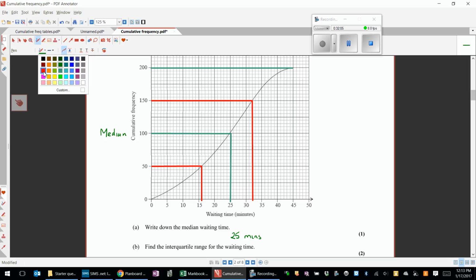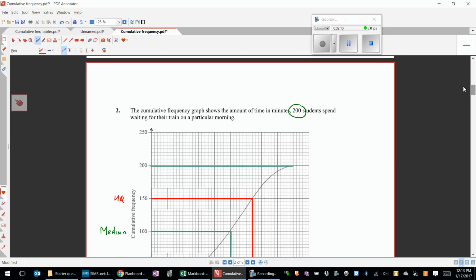Upper quartile, lower quartile. And by the way, just to show you, on here, look, they've taken it up to 250. Just to try and make you think, oh, should I be doing half of 250? But we've been told about the 200.